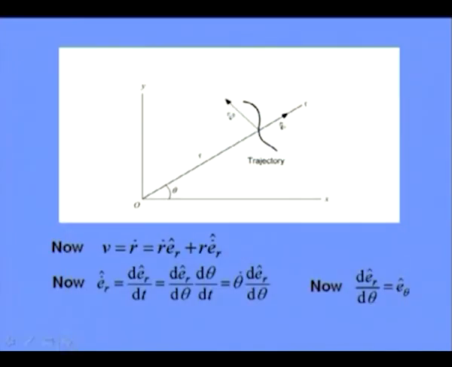Now, once we know the position vector, we can differentiate it and obtain the velocity.